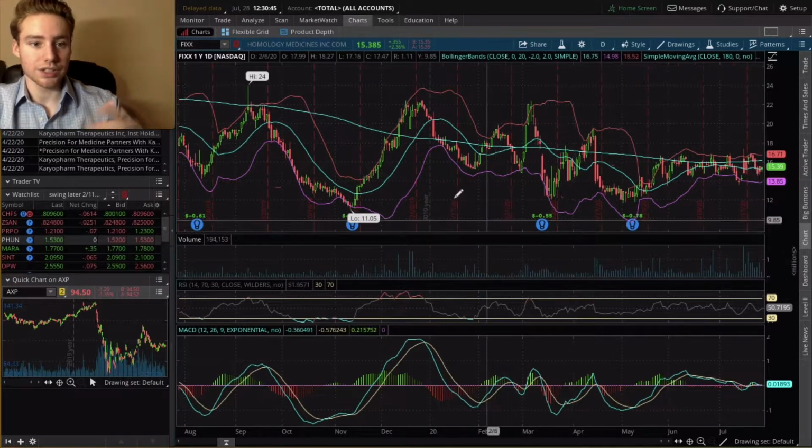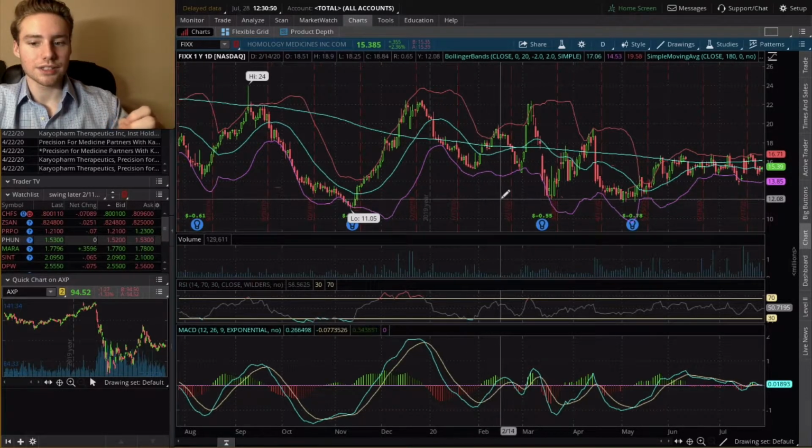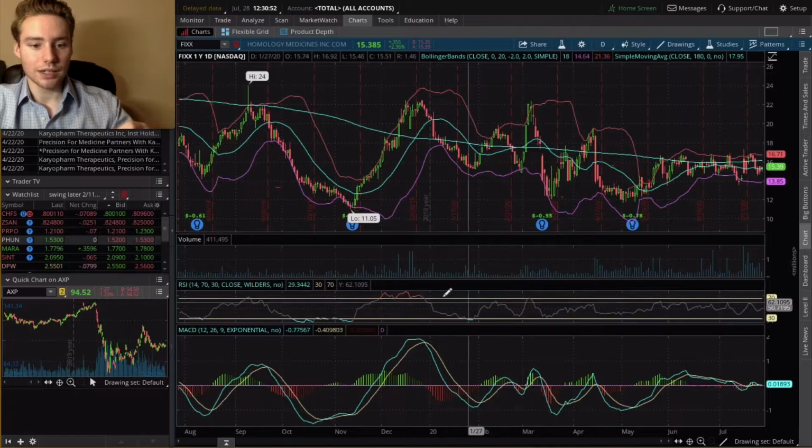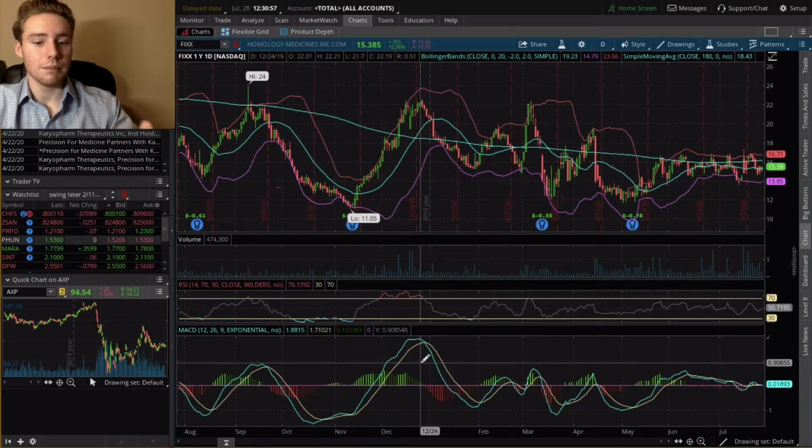So we're going to want to see here, this is a perfect example, is FIXX. Now, here we can see it's being oversold and overbought on the RSI, but that's not what we're talking about. We're talking about the MACD.